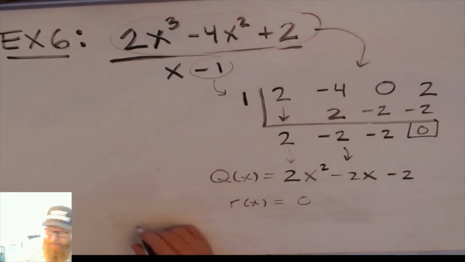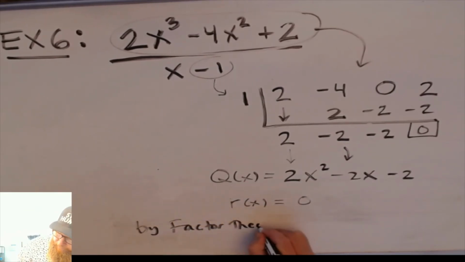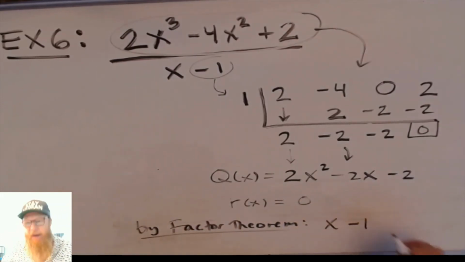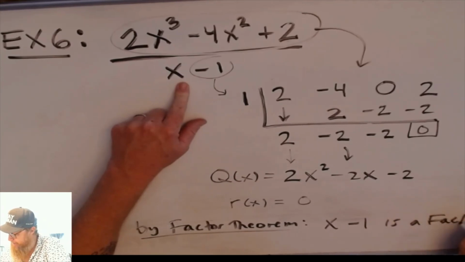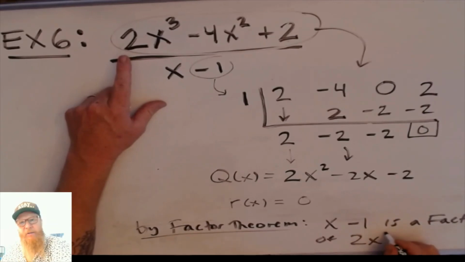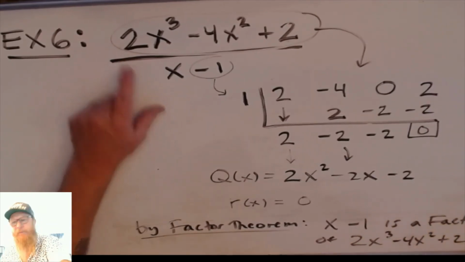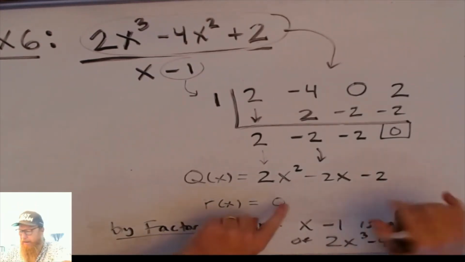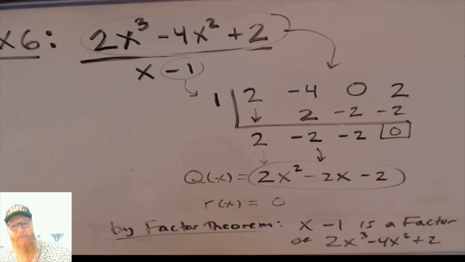And we can also state by the factor theorem x minus 1 is a factor of 2x cubed minus 4x squared plus 2. Consequently, the other factor is 2x squared minus 2x minus 2.